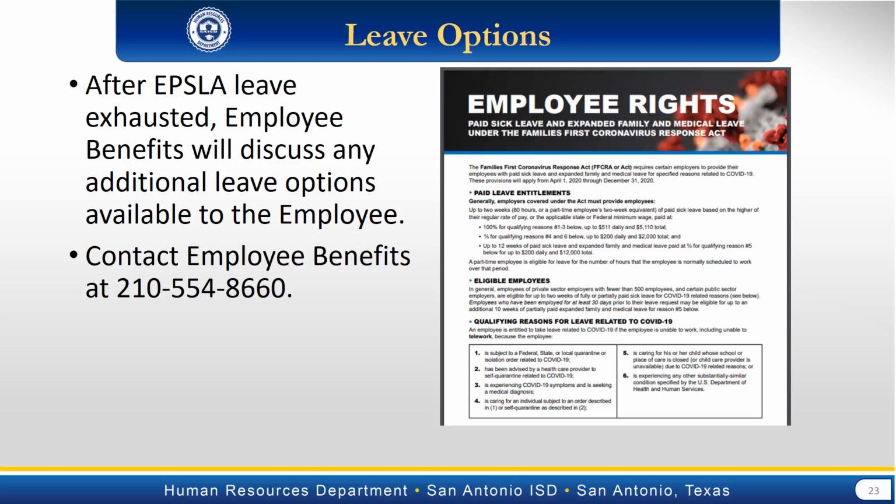So after the emergency paid sick leave has been exhausted, employees can consult with employee benefits to discuss other additional leave options that may be available to the employee, to include perhaps some options that might not cause us to have to use the employee's personal leave.